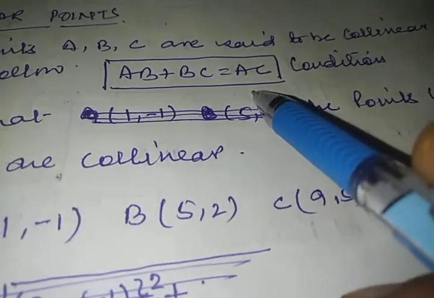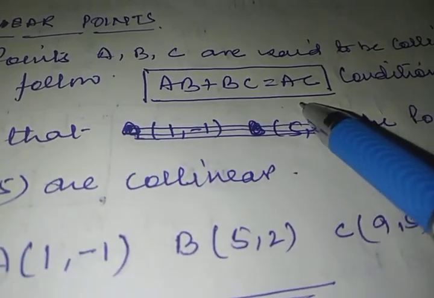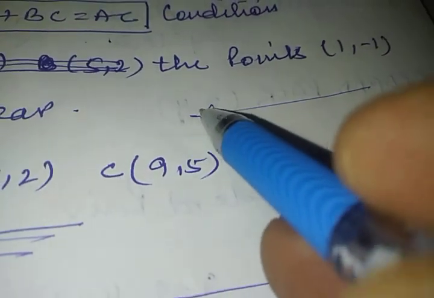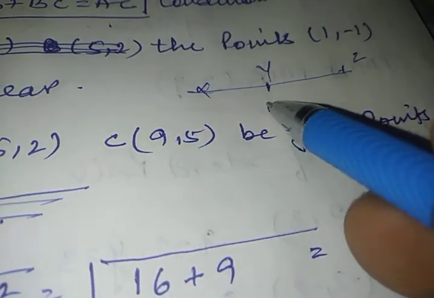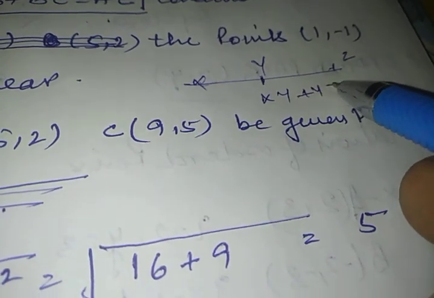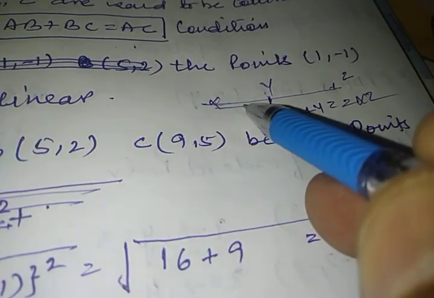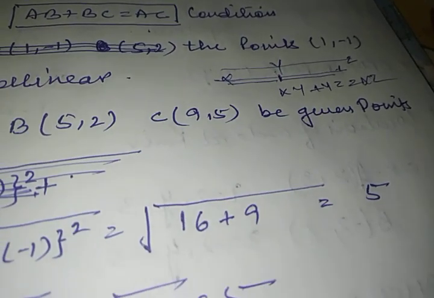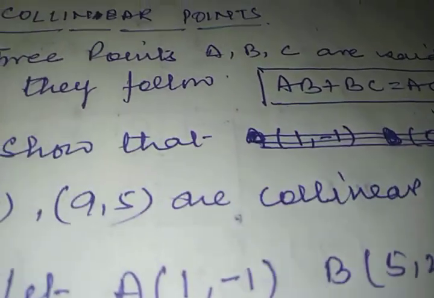Here I have taken A, B, C, maybe X, Y, Z. So the relation will be the same. In this case, it will be XY plus YZ is equal to XZ. Means the sum of this plus this is equal to XZ.